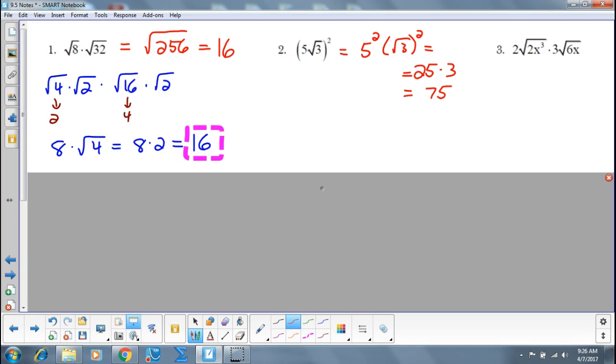But what if we forgot all of those? What can we do? We can write it as 5 times the square root of 3 times 5 times the square root of 3. And what's 5 times 5? 25 times the square root of 9.